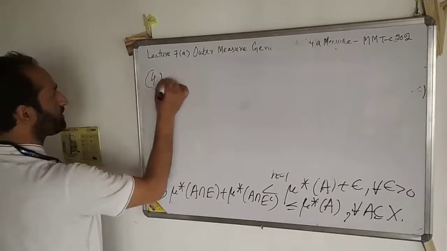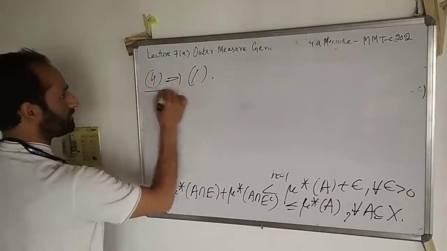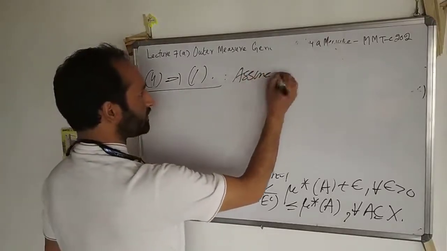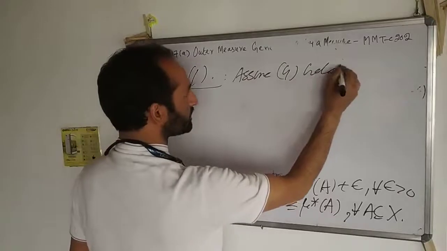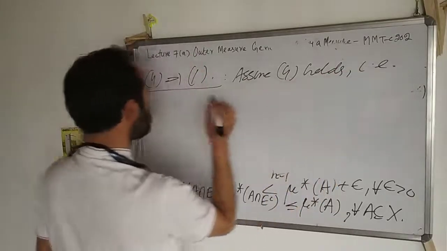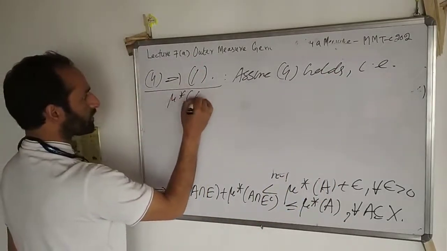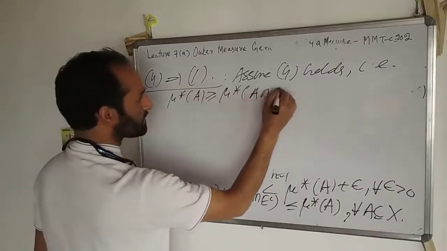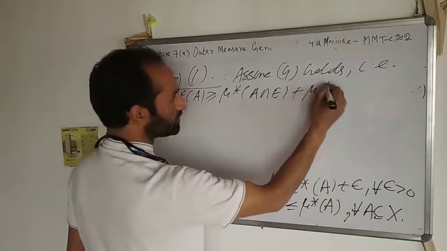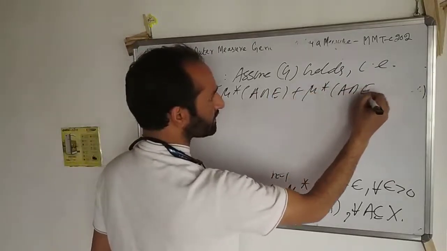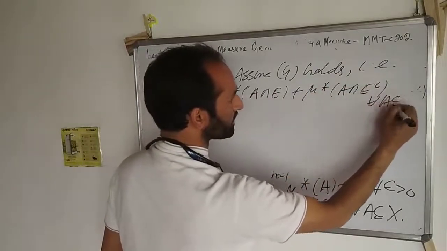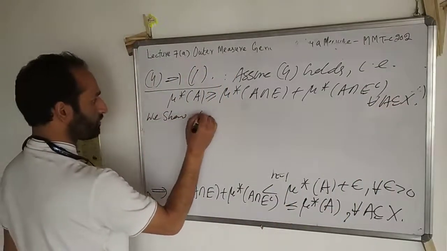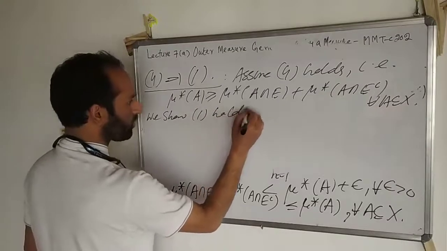Now we prove fourth implies 1. Assume fourth holds, that is μ*(A) is greater than or equal to μ*(A ∩ E) + μ*(A ∩ E^c) for every subset A of X. We show first holds.